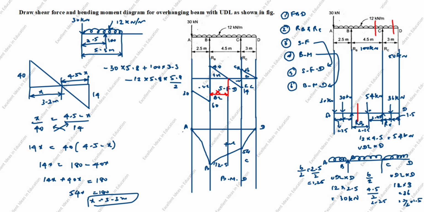Next, minus 30 into 5.8 is 174, plus 330, minus 203.9, equal to minus 45.83 kilonewton meter. Here is 112.5, here is 54, here is 45.83. This one we will take it as X.